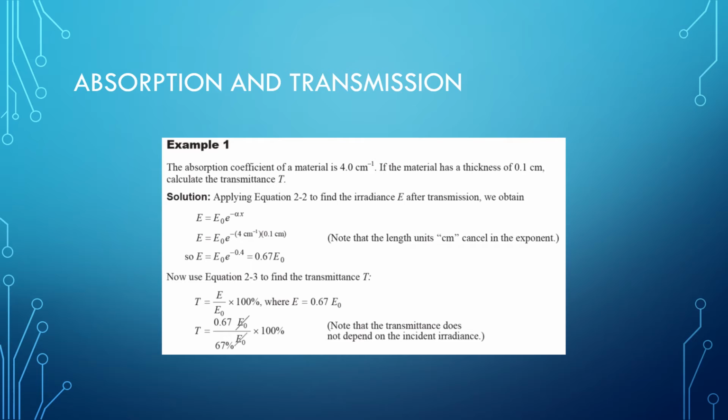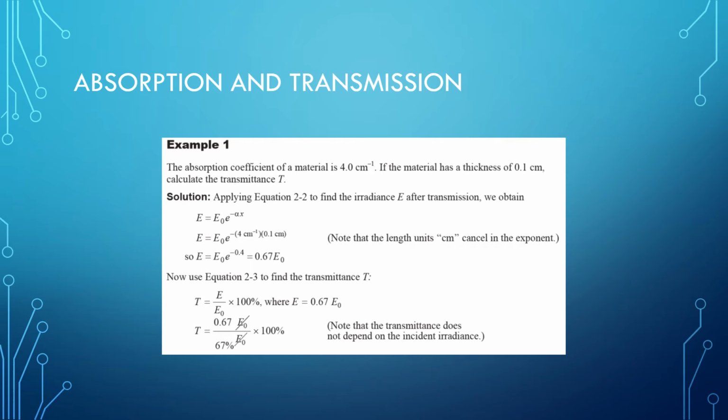Now we'll use the transmittance equation, which is equation 2-3, and we say that T is equal to E over E0 times 100%. In this case, we just found that E is equal to 0.67 E0.